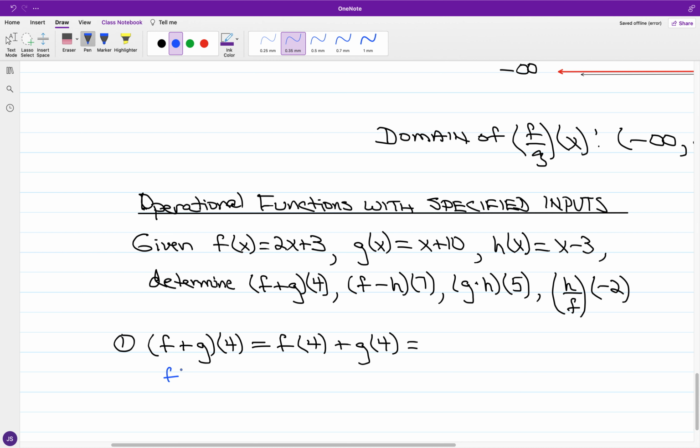So you've got f of 4, and with 4 representing x, I can just operate along the lines of f of x, but with x at 4. So for 2x plus 3, this will be 2 times 4 plus 3. 2 times 4 is 8, and 8 plus 3 is 11.